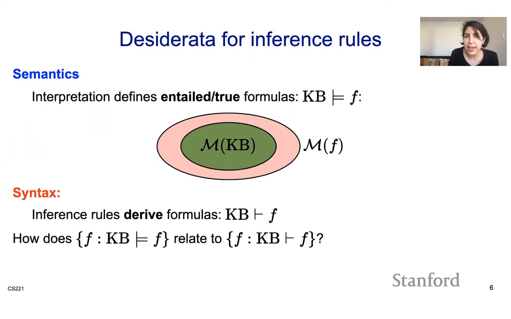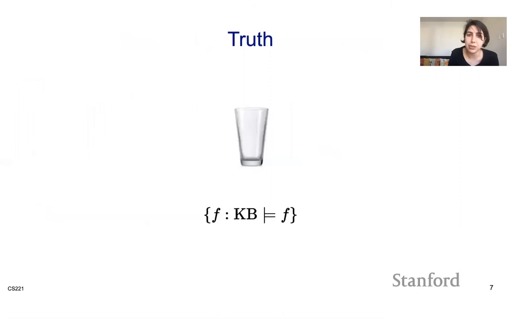So how are these two related? Let's talk about that. That brings us to the idea of soundness and completeness. Let's look at this as an example. Imagine that you have a glass, and things that go inside of the glass are formulas. Imagine that anything inside of the glass is the truth.